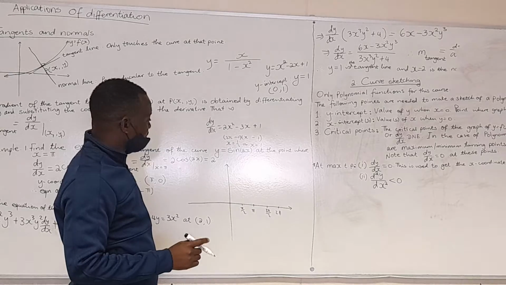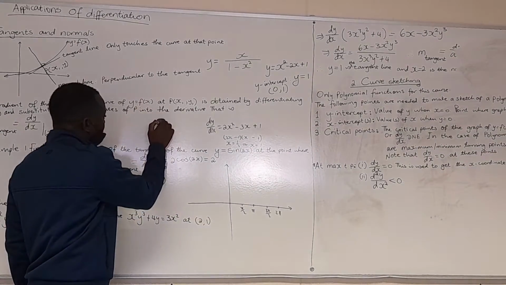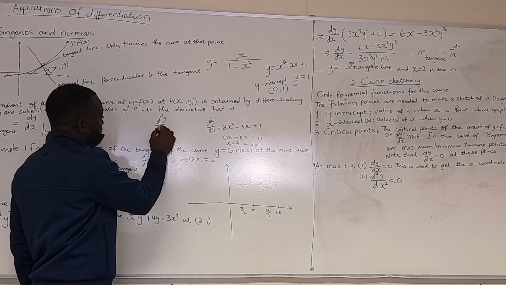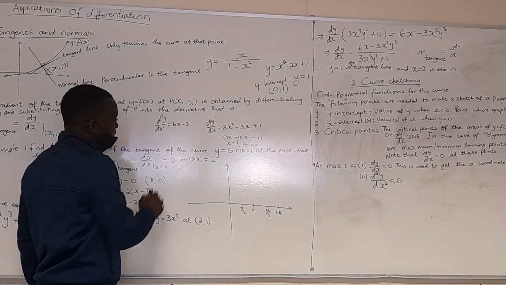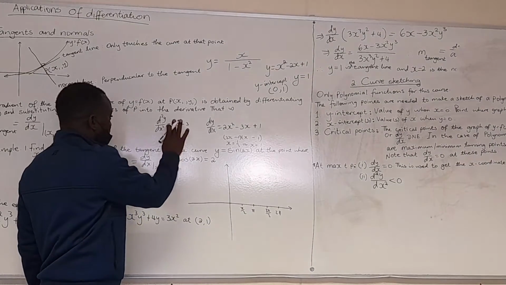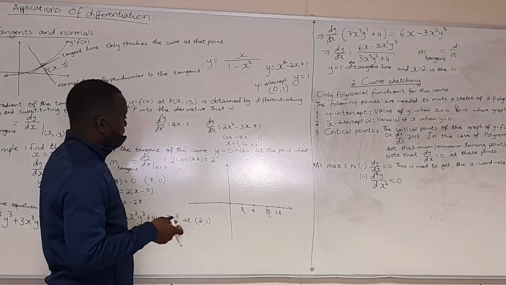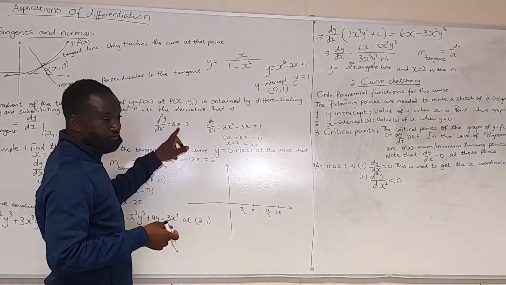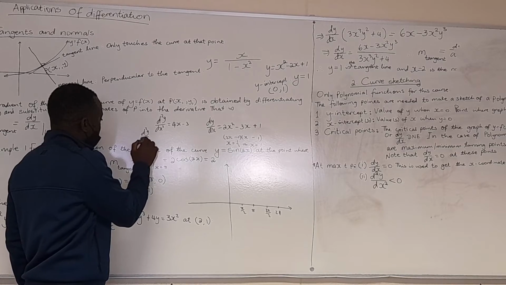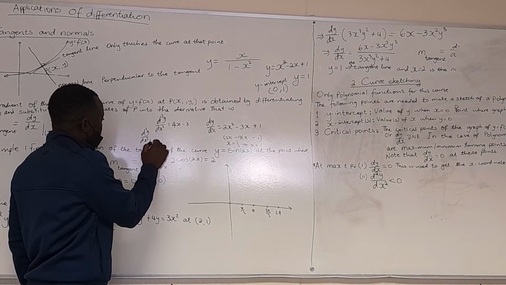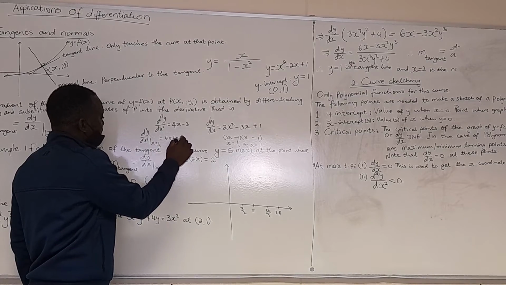And then you now have to take this and substitute it in the second derivative. What is the second derivative in this case? 6x minus 3. Right. Good. Then you substitute. If you substitute x equal to a half, what do you get? 6 times a half minus 3.